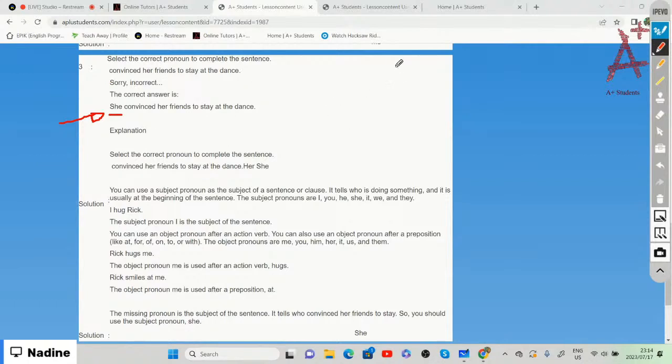Who convinced her friends to stay? She convinced her friends to stay, which means that this is a subject pronoun, and the subject pronoun is she.